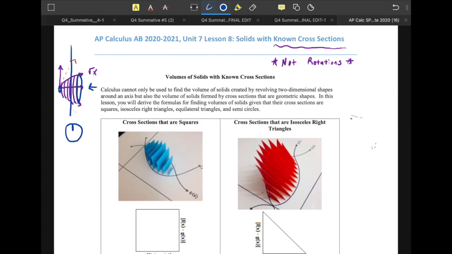So we found that you could integrate the volume of infinitely thin, technically cylinders. You go left to right, and your dx serves as the width of these cylinders, so you'd have the definite integral from a to b of pi times the radius squared, and it's the dx that gives the depth as you move left to right.